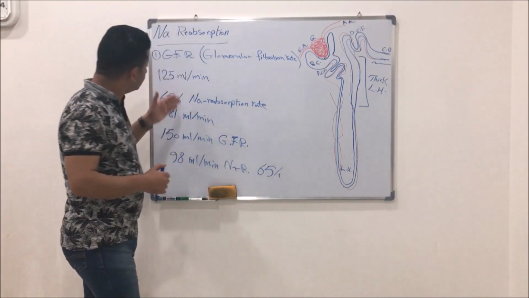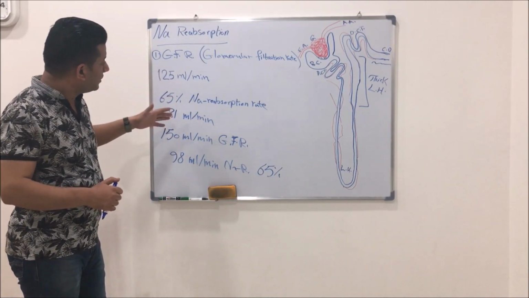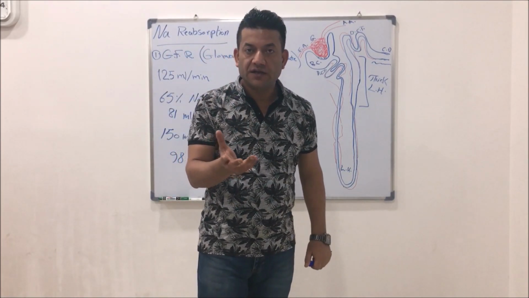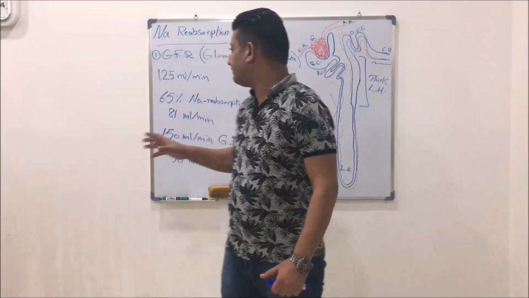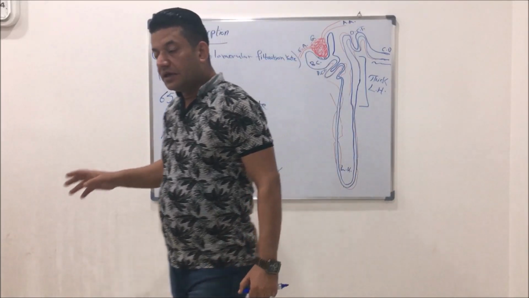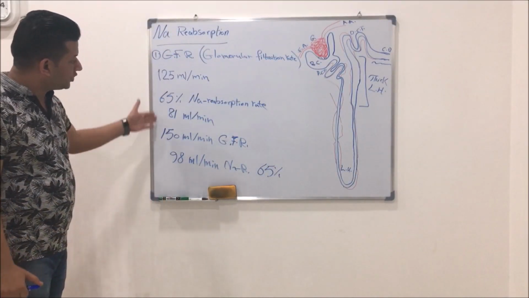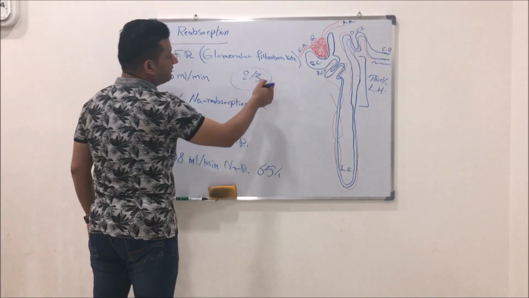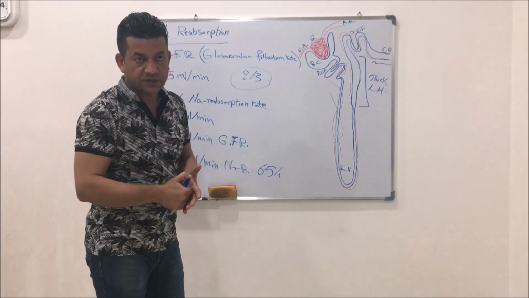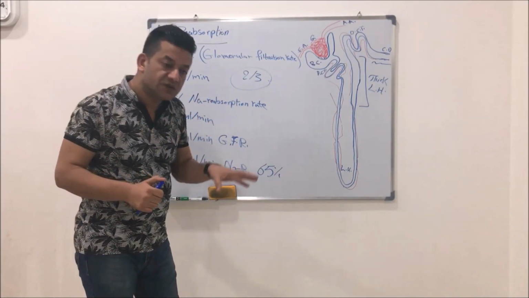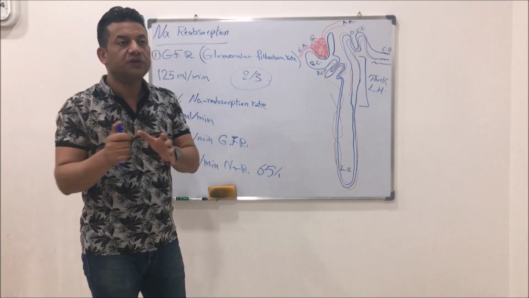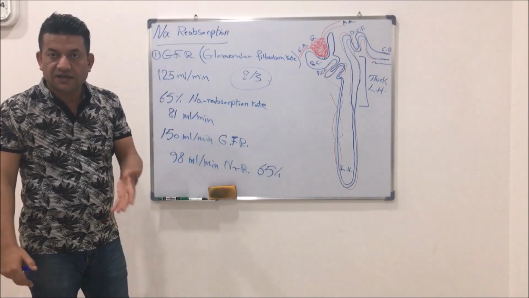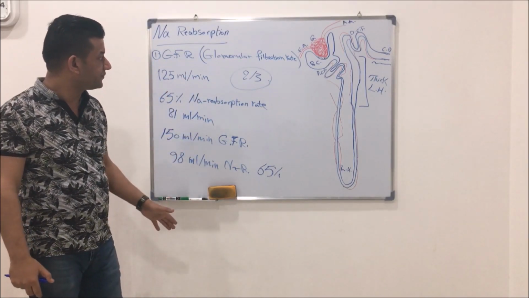So from this we see that the glomerular filtration rate is not the only factor that affects sodium reabsorption. By this ratio, about two thirds of the filtered sodium is reabsorbed. So what about the remaining sodium? That means there are other factors that affect sodium reabsorption.